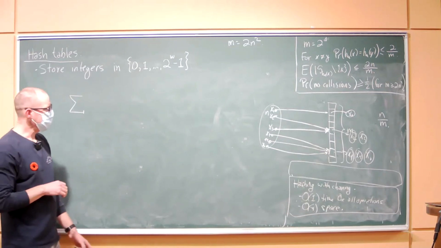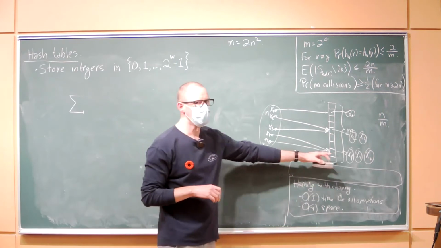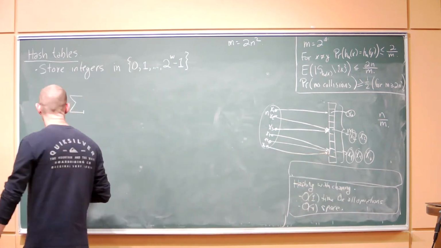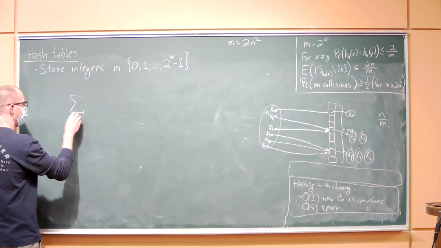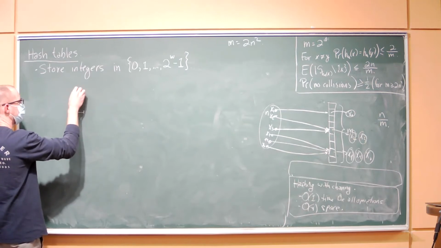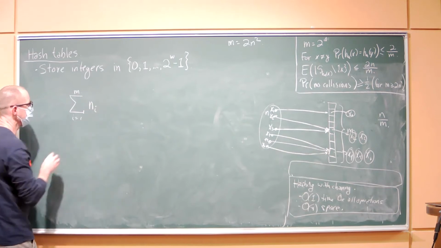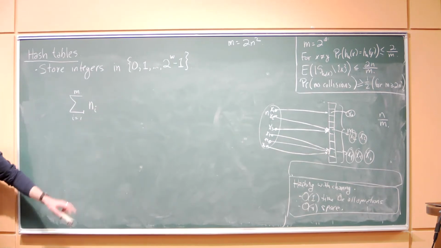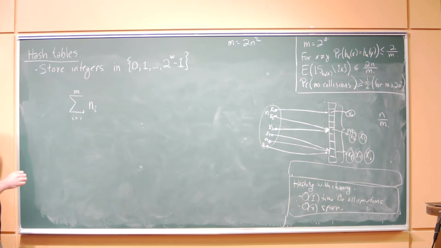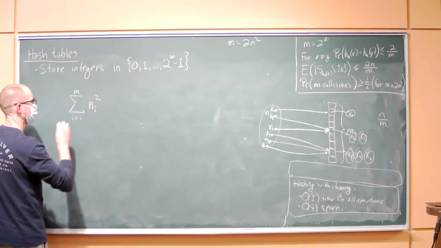And remember, Ni was the number of things in table slot i. So let's sum over the table slots. If I take this sum, it's just going to be n, the total number of things stored there. But I'm going to take this sum squared.